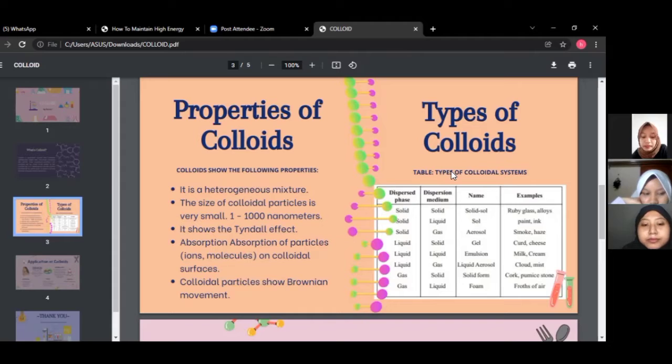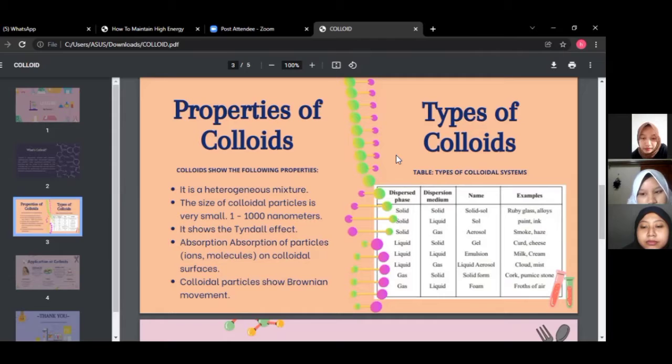The Tyndall effect is a scattering of light by colloidal particles. For example, shining the headlights of a car on a foggy night and the projector light in the movie theater. Yeah, something like that.